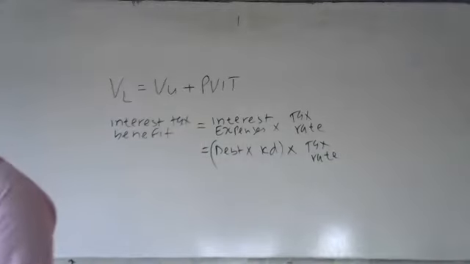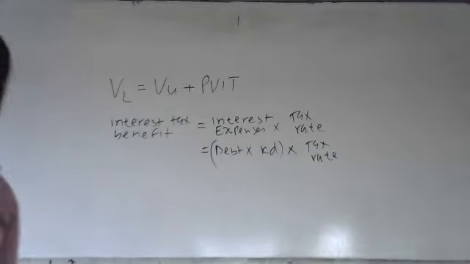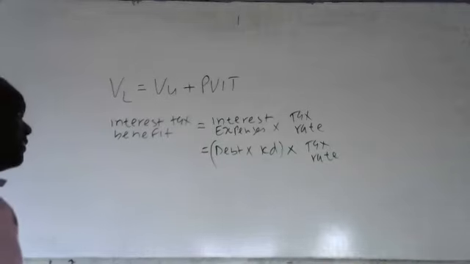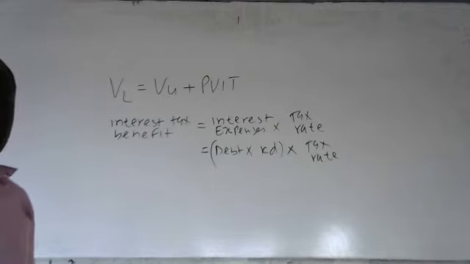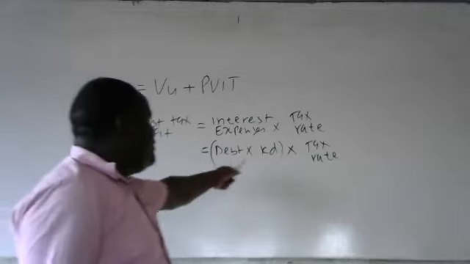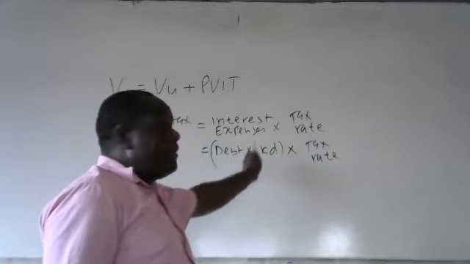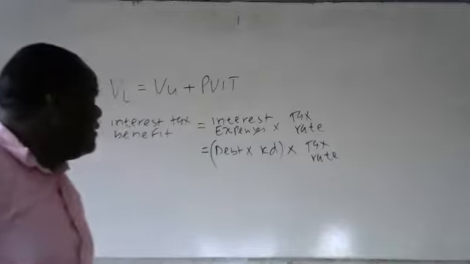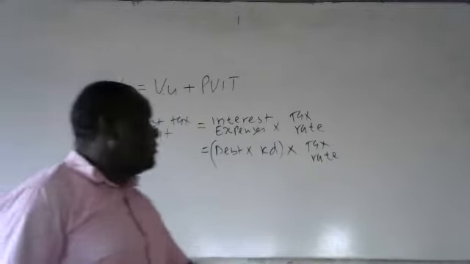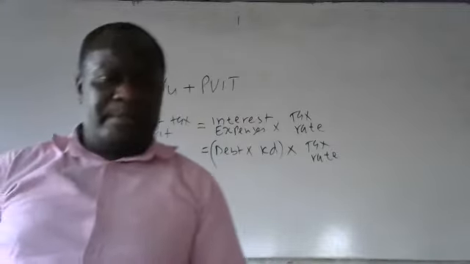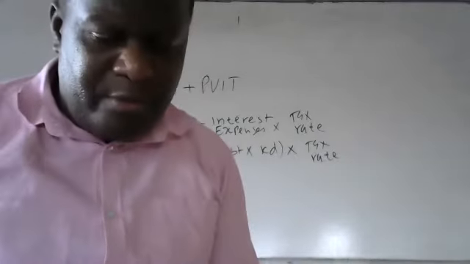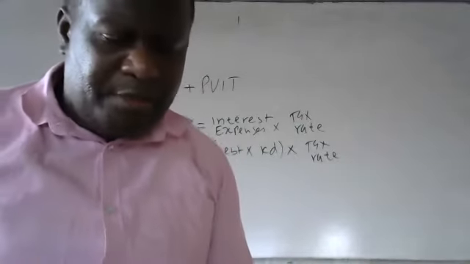So to get the interest tax benefit, we compute the interest expenses, which is given by the debt times KD, then multiply by the tax rate.